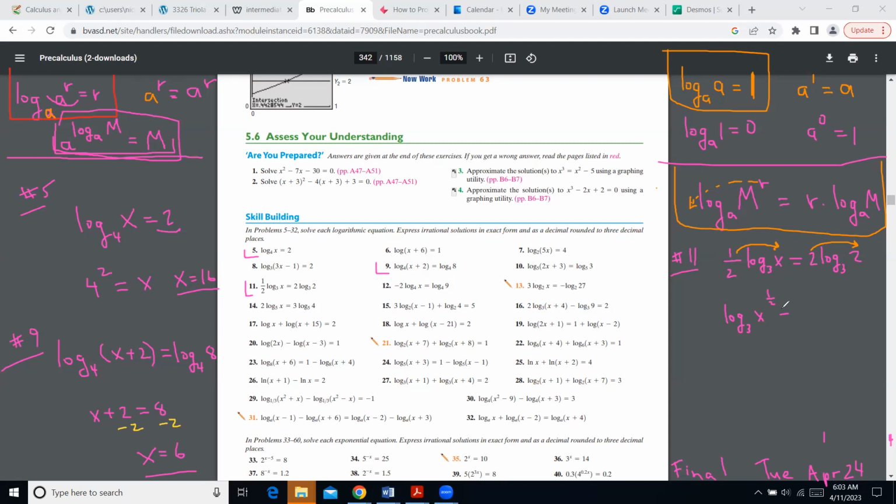And on the other side, this will be logarithm base 3 of 2 squared. So those logarithms is what I can throw away. And that's the point of solving the exercises with logarithms.